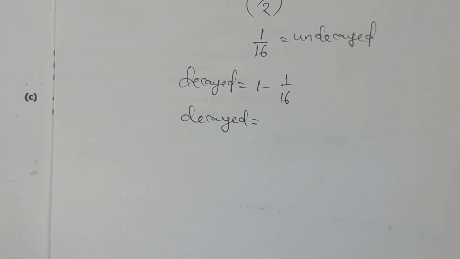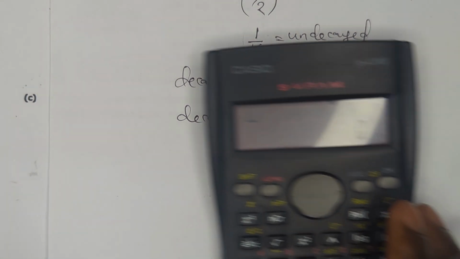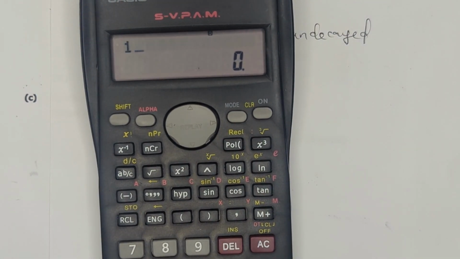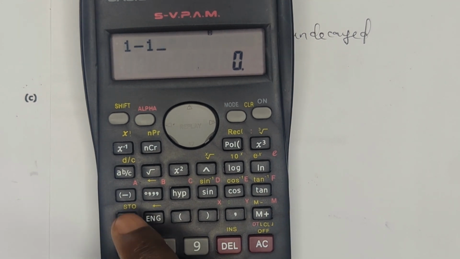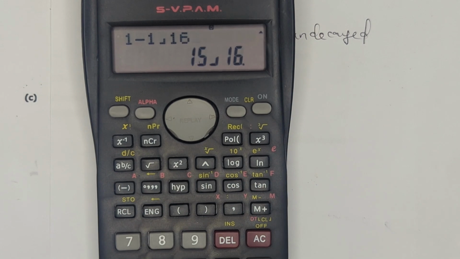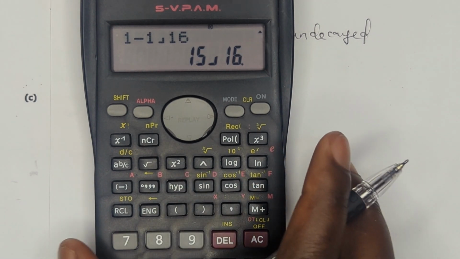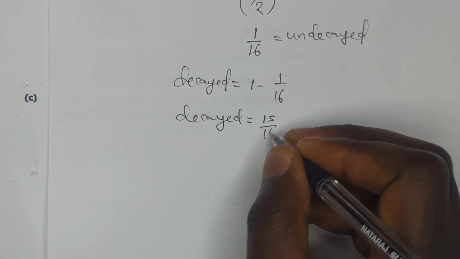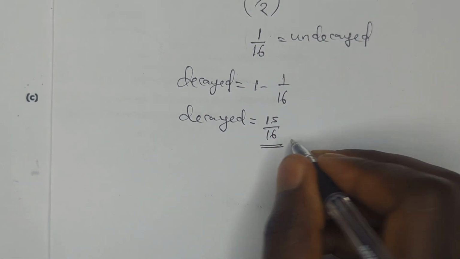Decayed is equal to, so if we punch this, 1 minus 1 over 16, that is 15 over 16. So 15 over 16 becomes the answer.